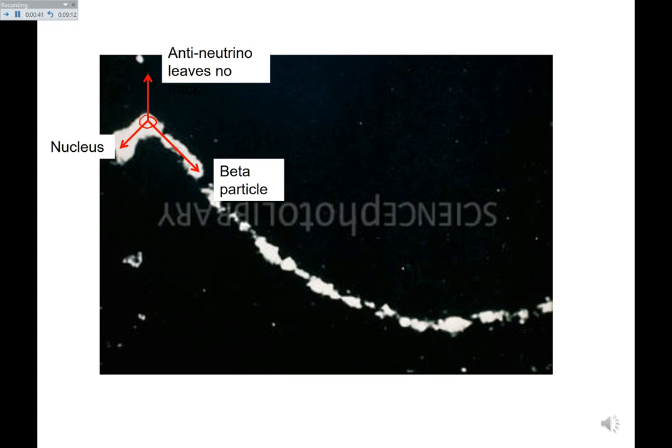And that something is the antineutrino. Now, the antineutrino leaves no trace because it has no charge and it's too weakly interacting. But we can clearly see the nucleus moving, we can see the beta particle moving, we can see the beta particle curving because there is a magnetic field. But we can't see the antineutrino, but eventually it was discovered.